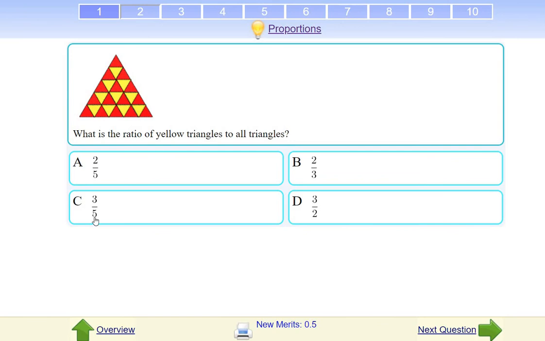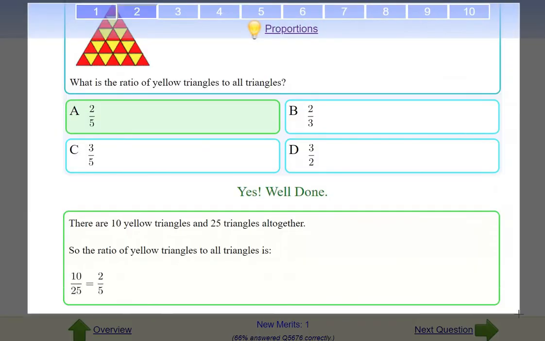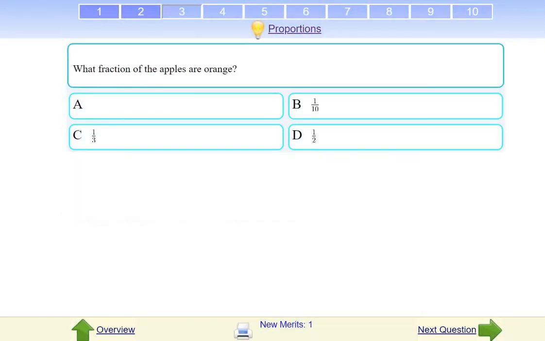A. A, 2:5. A for iron, right? Yeah. Yes, well done. Next question.